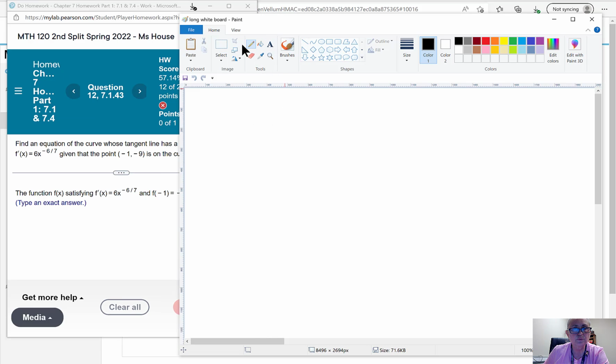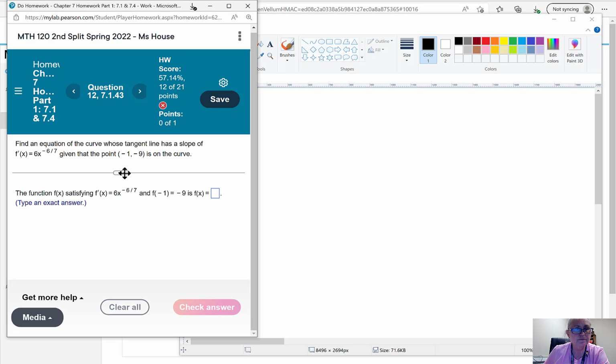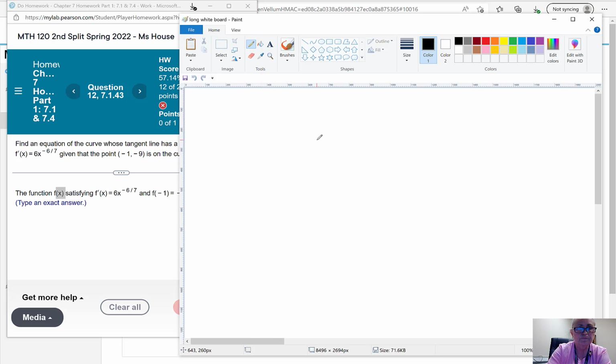Okay, so here's another one where they give us the slope of the tangent, okay? That's the derivative has been taken. They want us to find the original function, but we also have a point. So to get from f prime to f, we have to do the antiderivative, or the integral.